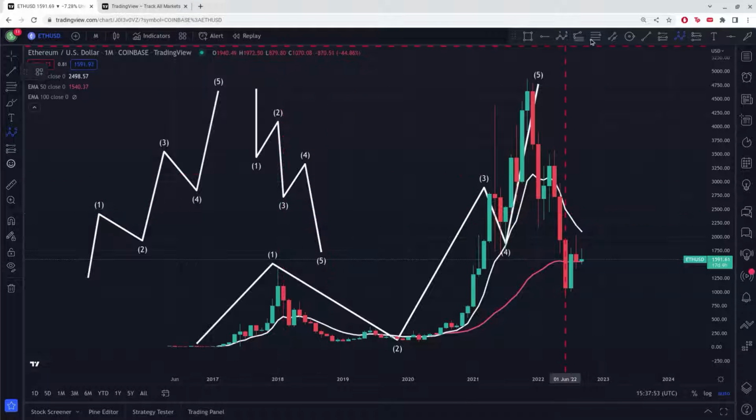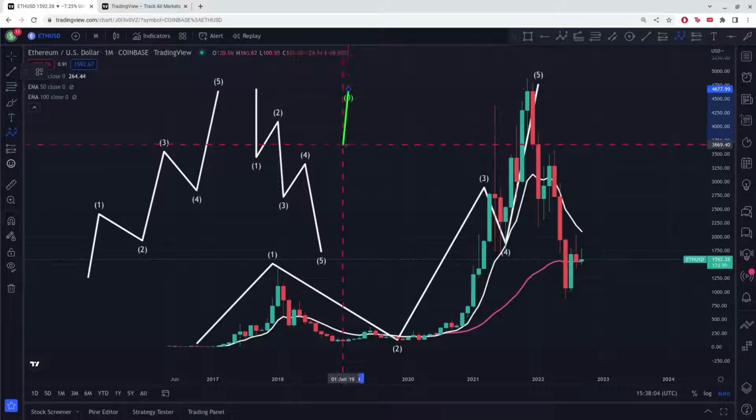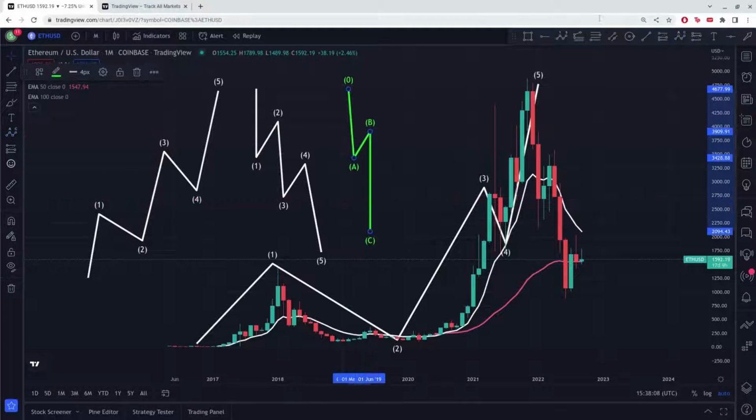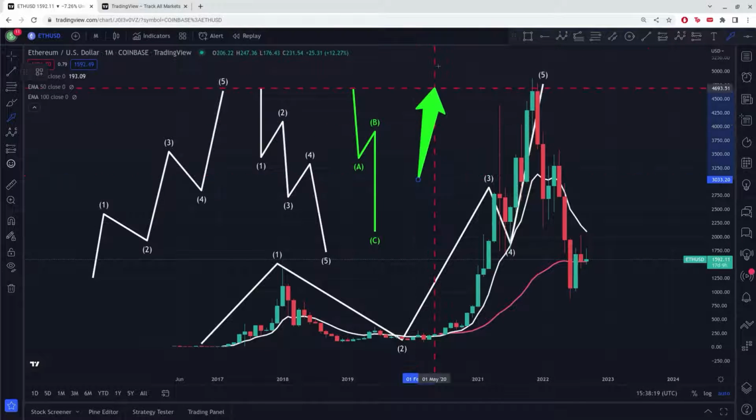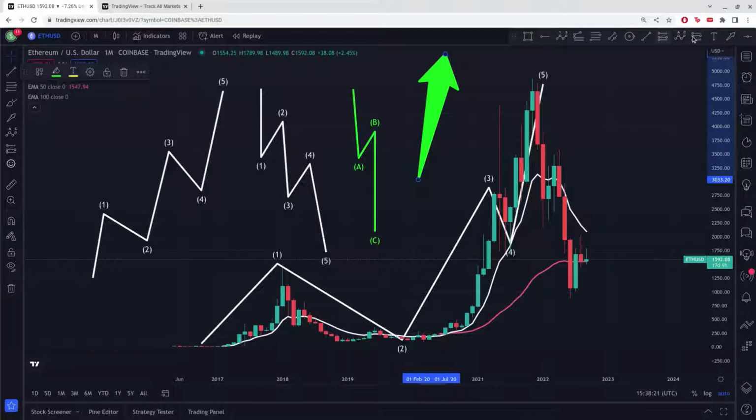A retracement will always lead to a break of structure and a move in the direction of the previous trend. So for this retracement, A, B, C, the market will go up, a continuation of the previous trend, leading to a break of structure.